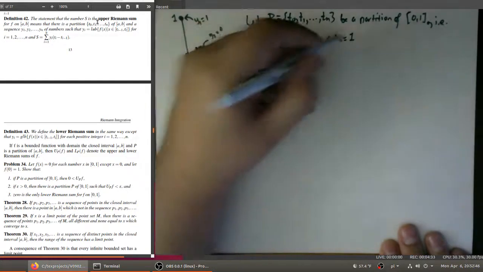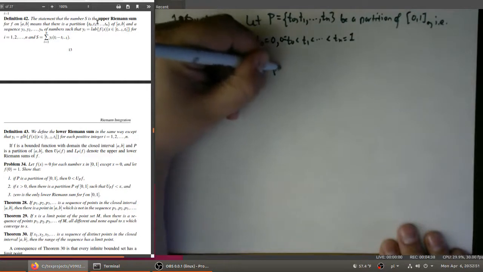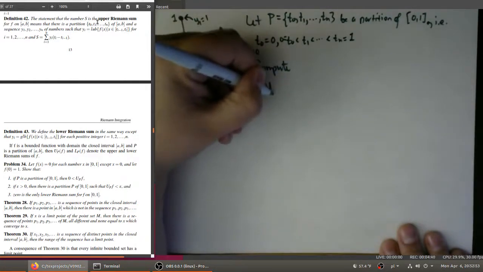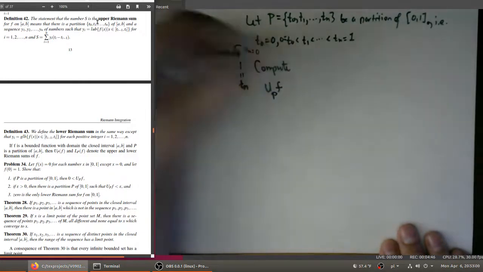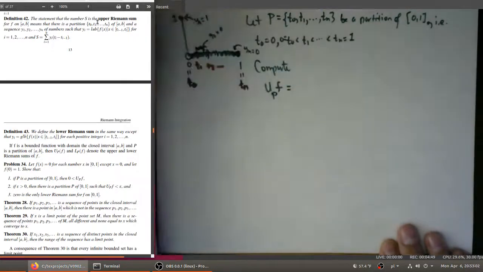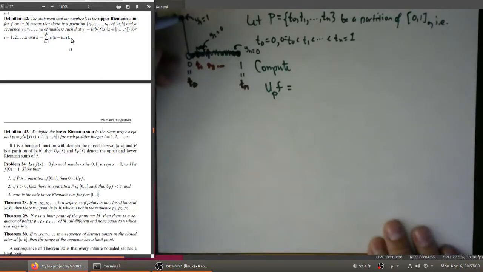And they're ordered correctly. So now I want to compute the upper Riemann sum over that partition P that I've specified here of the function f. By definition, that comes to this sum. This is the area of rectangles, and the point of these y's is they tell you the height of the rectangles. So the first rectangle is at height 1, and it has width t1 in this case.